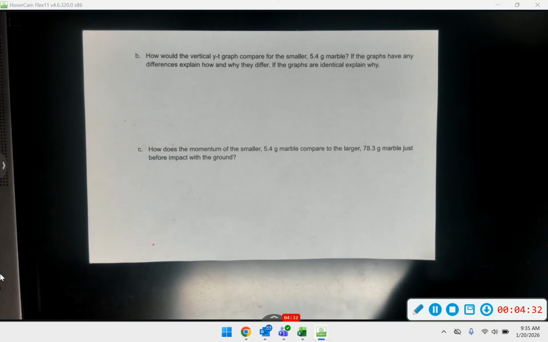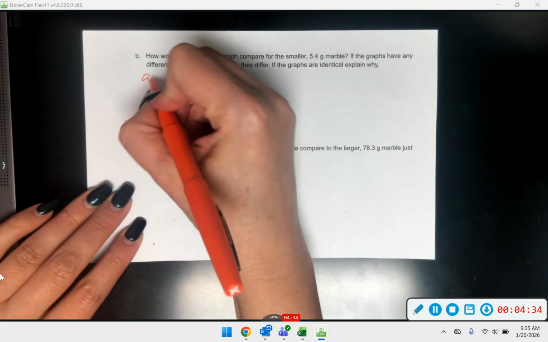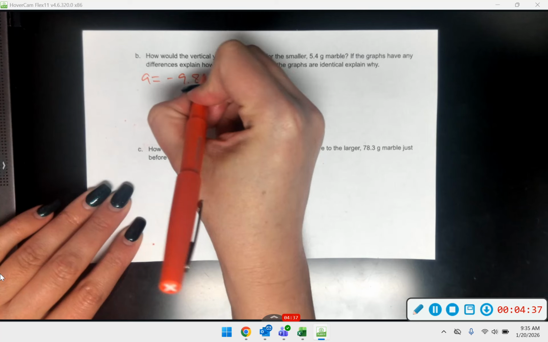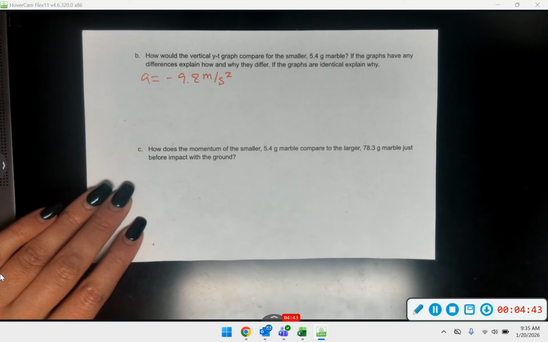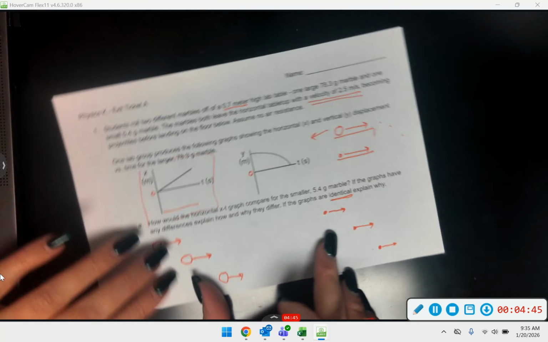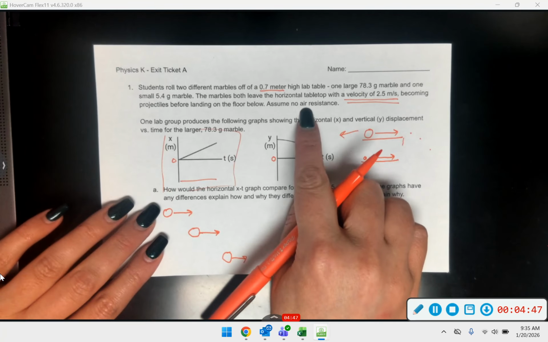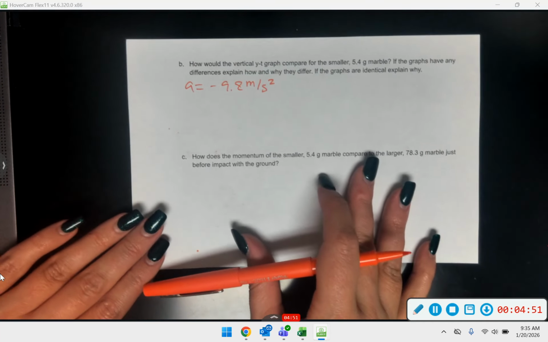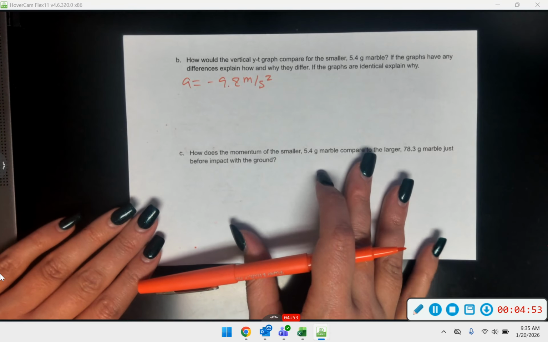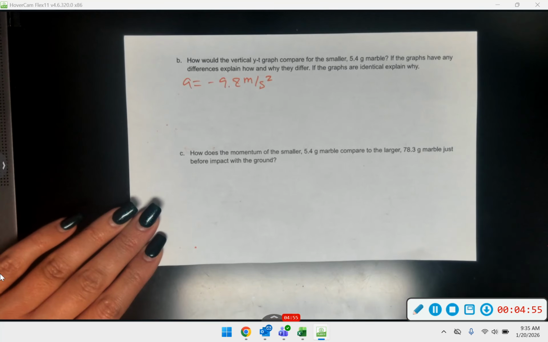All of them accelerate at negative 9.8 meters per second squared, regardless of their mass, as long as there's no air resistance, which there's not. It told us in the question to assume no air resistance, but again, if we're dealing with projectiles or free fall, we always assume no air resistance unless it tells us otherwise. But if it tells us otherwise, that's not a projectile. That's not in free fall.